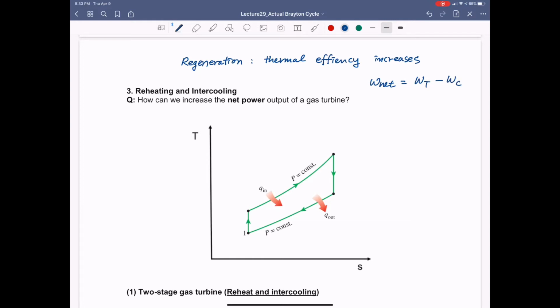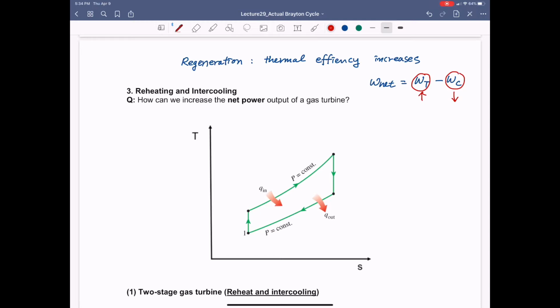So what this equation tells us is that in order to increase the net work, we have to increase the turbine work and we also decrease the compressor work. Then how can you make it happen? So here comes the motivation of the concept of reheating and intercooling. Then what is the physics behind that concept?